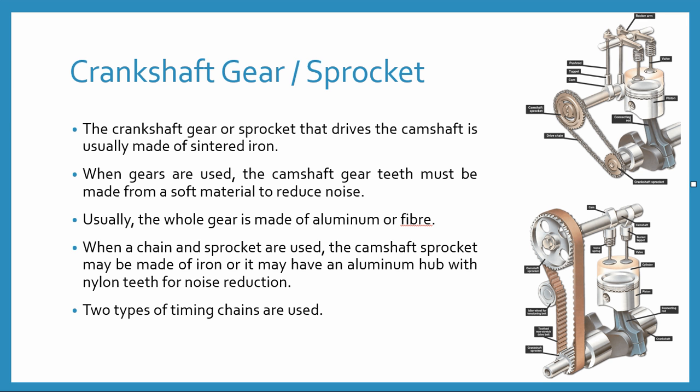So this crankshaft gear or sprocket is connected with a chain, and the camshaft sprocket is made of iron, or it may have an aluminium hub with nylon teeth for noise reduction.